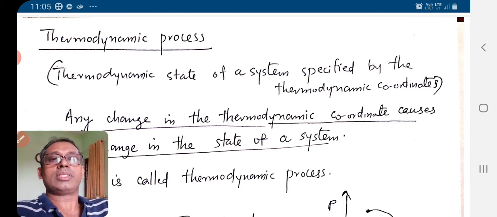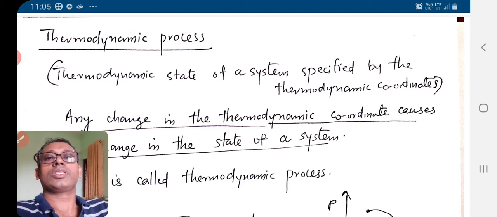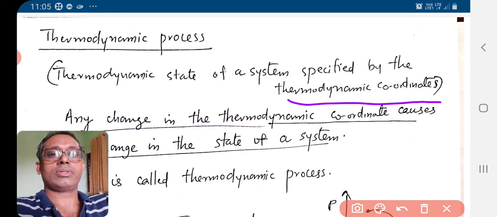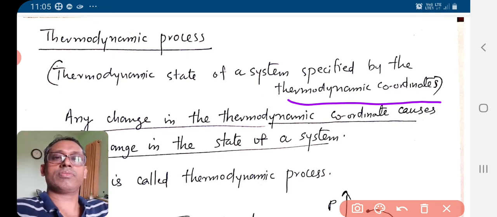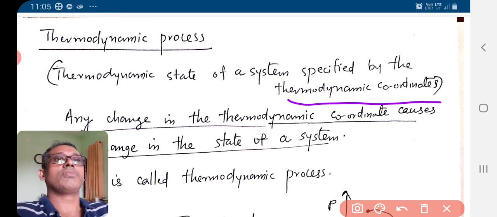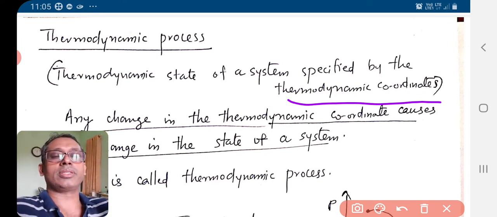We know the state of a system is specified by the thermodynamic coordinates. So at any instant, the state of the system in thermodynamics is specified by the thermodynamic coordinates.